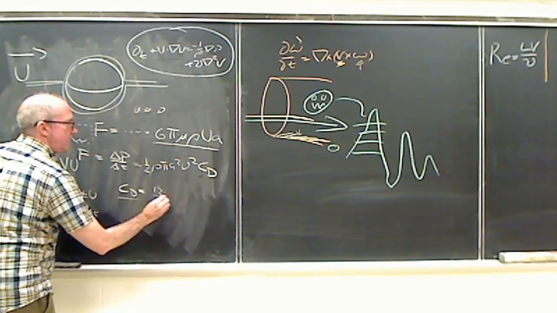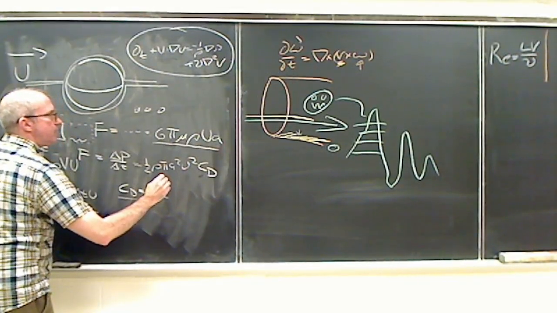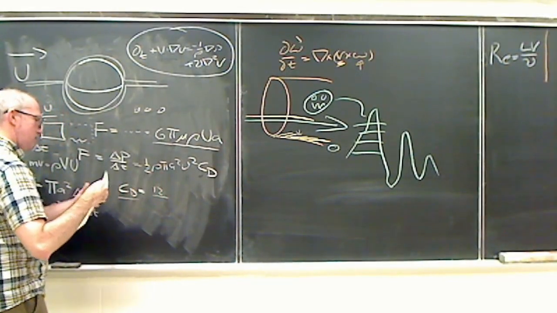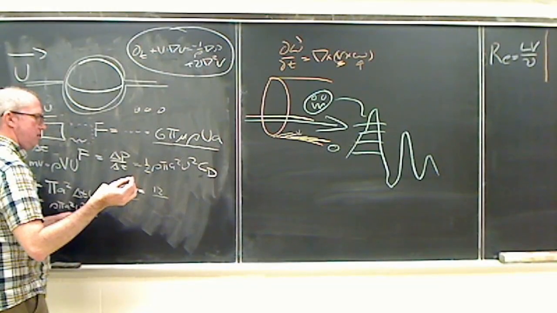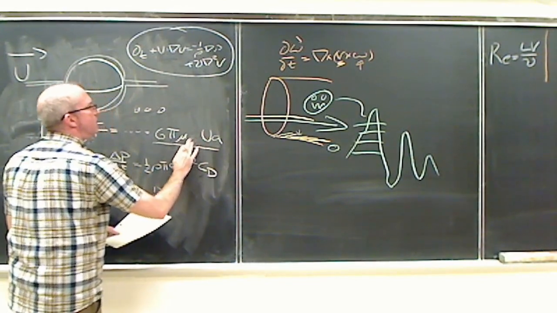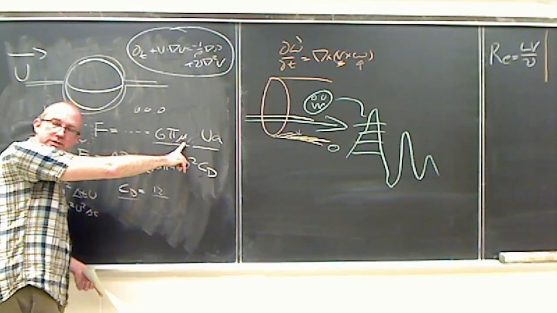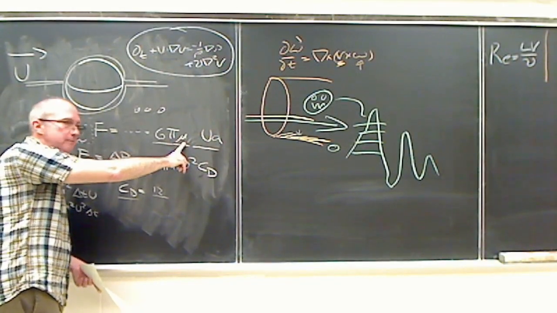I get we're going over to this side of the equation. Sorry, this is a mu, not a nu, so there's no rho in this equation. I wrote that down wrong.